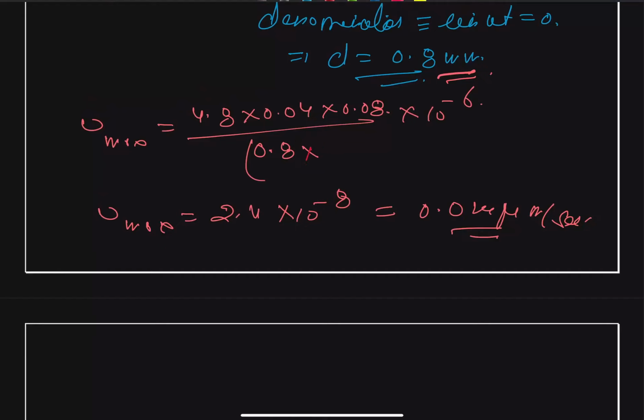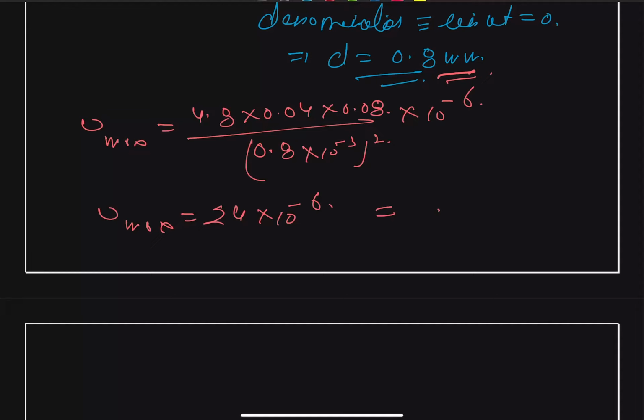This comes as into 10 to the power minus 3 and this is whole square. So this comes as 24 into 10 to the power minus 6, which will be equal to 24 micrometer per second. This is 24, not 2.4.